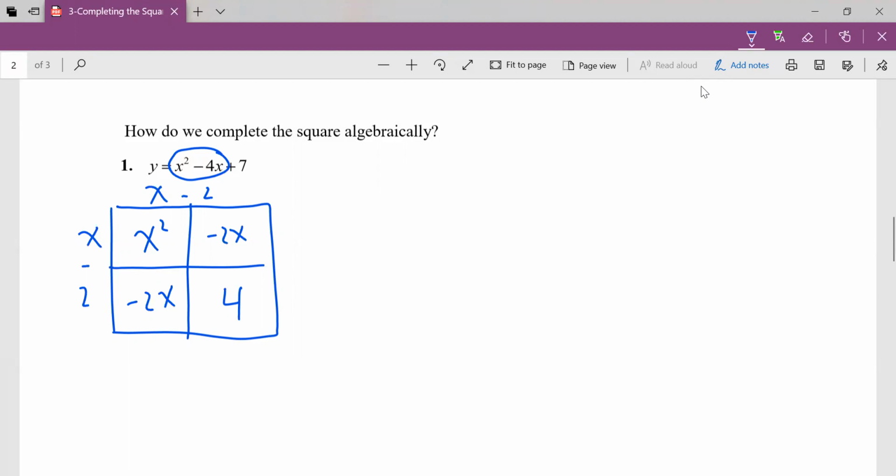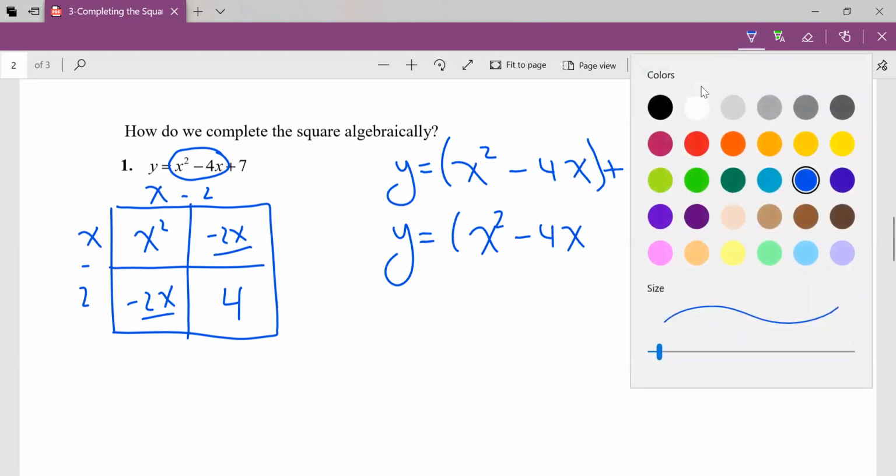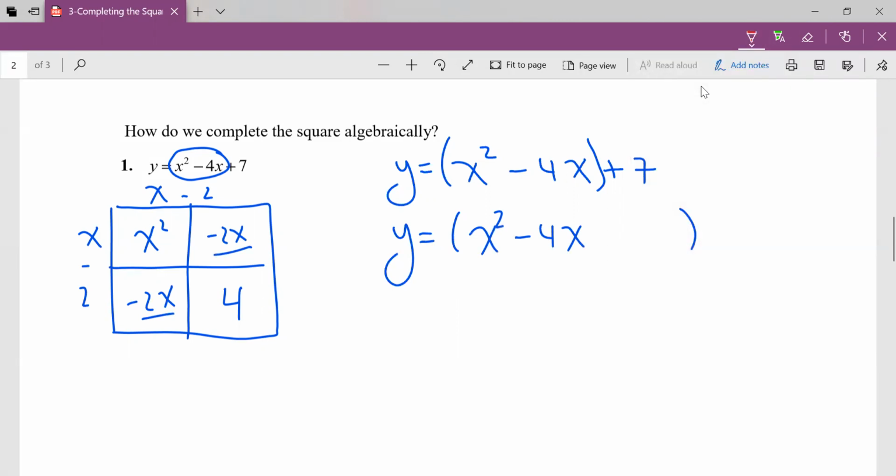Well, guess what? When we did the visual right there, we just talked about how we're going to do it algebraically. Ready? Here we go. I'm going to throw some parentheses around these two. I'm going to split negative 4x into 2, which we did visually, but then what we needed was this 4.